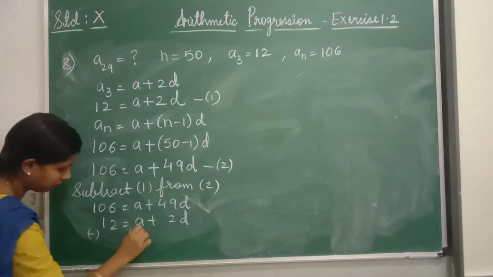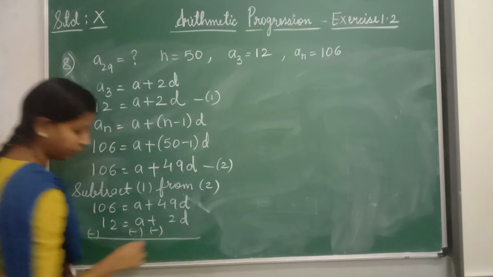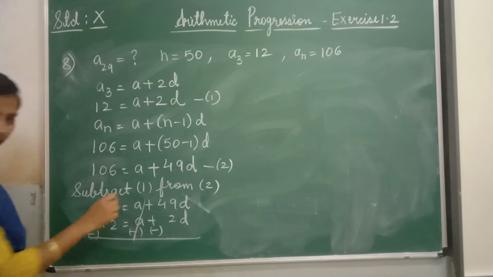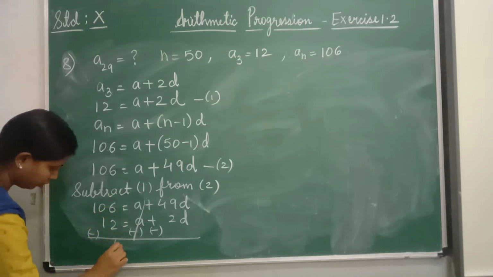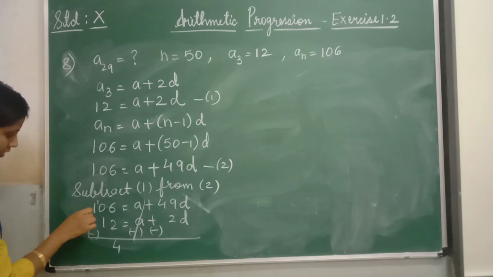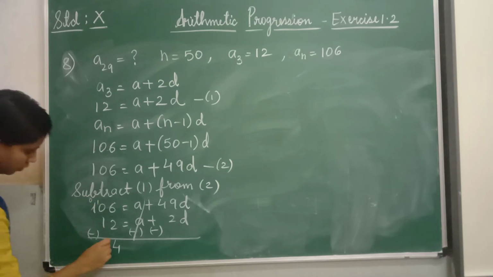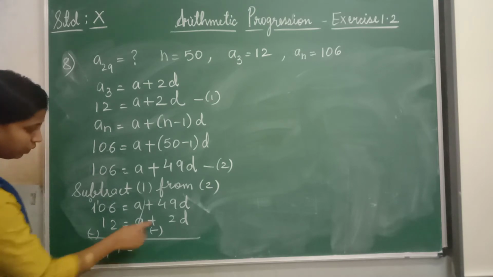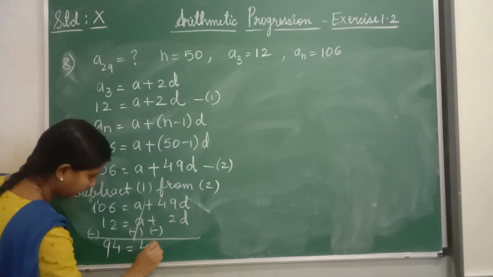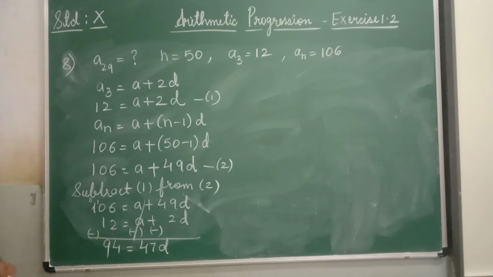Change the sign and subtract it. So A and minus A will get cancelled here. 106 minus 12 is 94. 49 minus 2 is 47. Yes, 94 is equals to 47D.